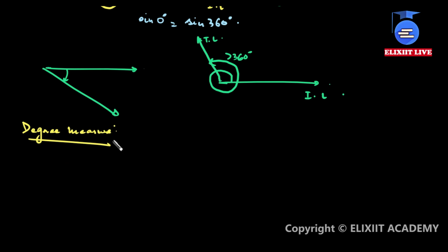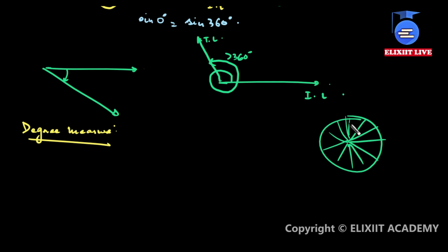In degree measure, the logic is very simple. You have learned this in your 9th standard also. We consider a circle and divide this circle into 360 equal parts, like this.